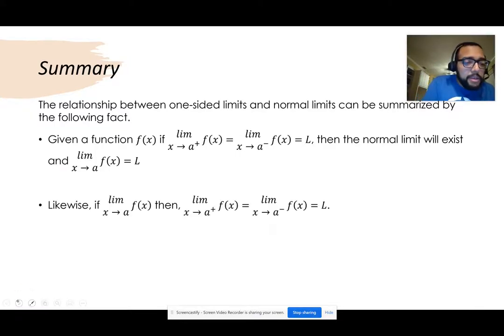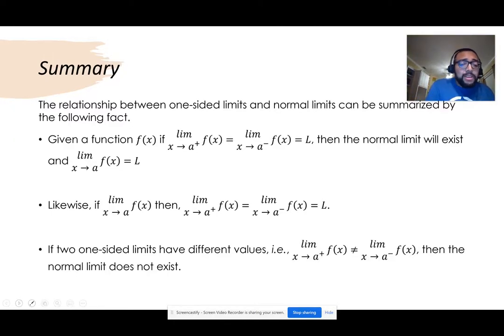Same thing, if the limit exists, that means the right-hand side limit and the left-hand side limit must be equal. And vice versa, if the two one-sided limits had different values, as in the limit from the right-hand side and the limit from the left-hand side had different values, that means the normal limit does not exist.